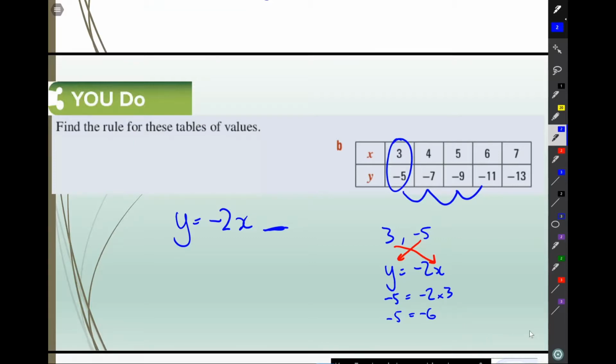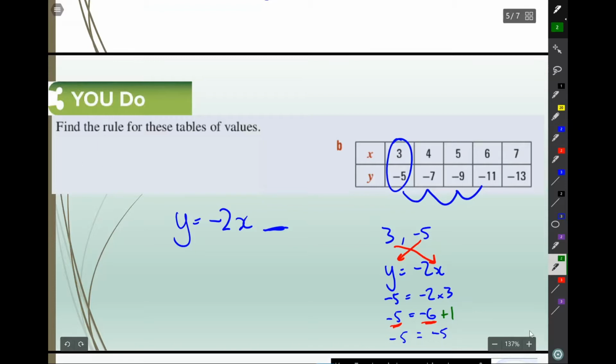Now, we've got here minus 5 equals minus 6. Now, what do we have to do to this minus 6 to turn it into a minus 5? Well, we have to add 1 to it. Let me put that in a different color. We have to add 1. And then we're going to end up with minus 5 equals minus 5.